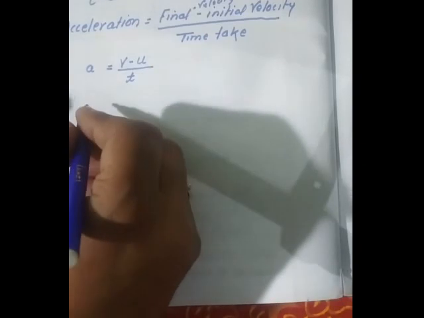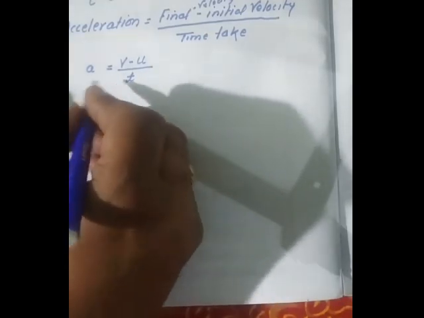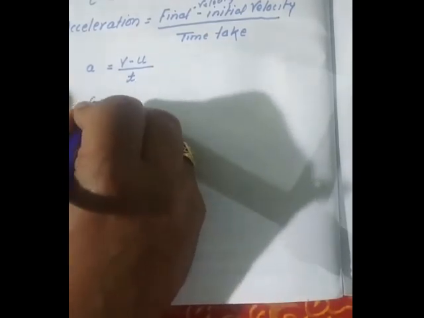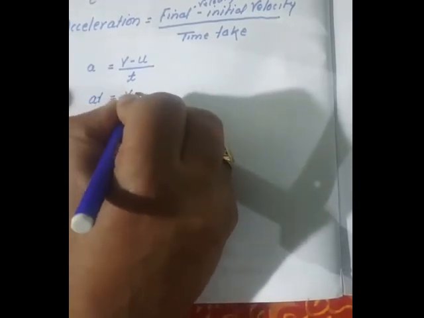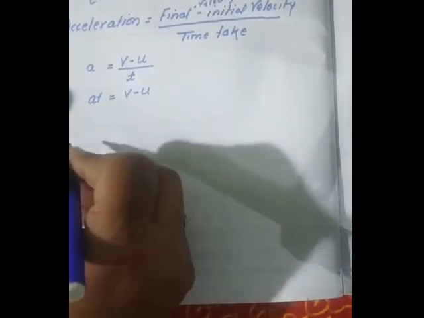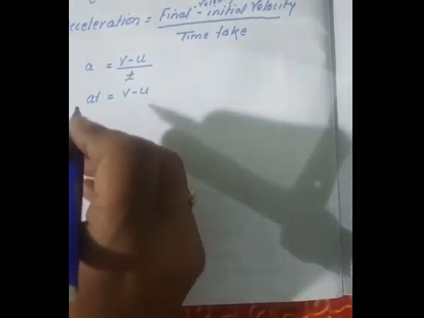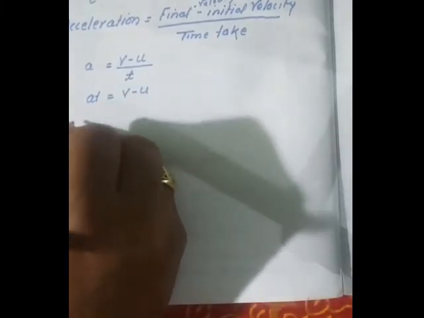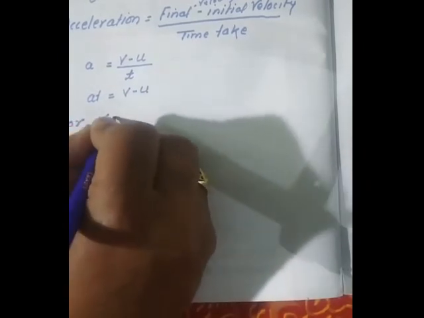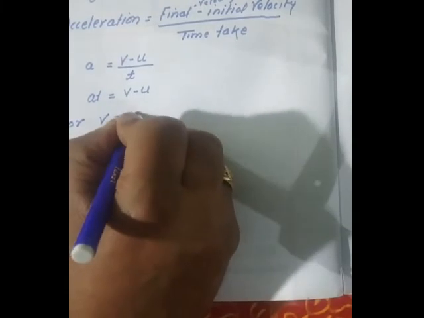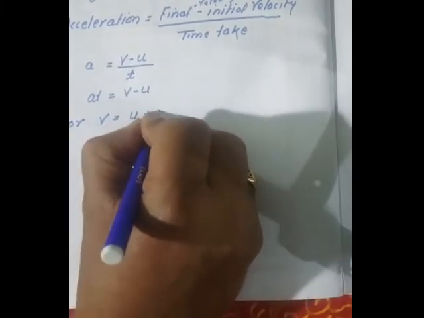From here, when we cross multiply, at equals v minus u, or you get v equals u plus at.